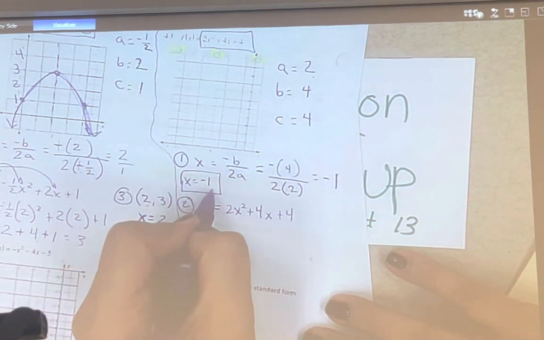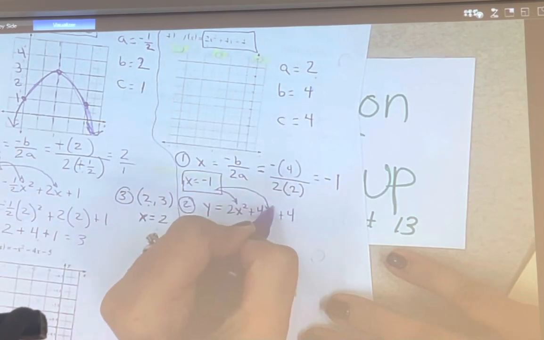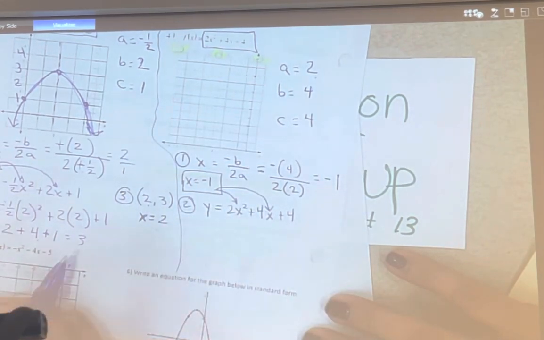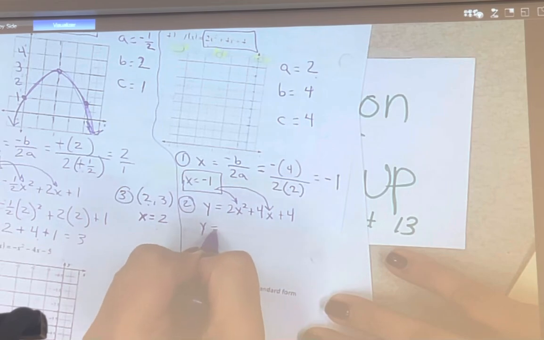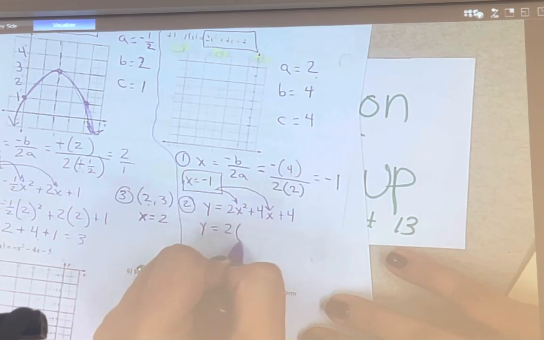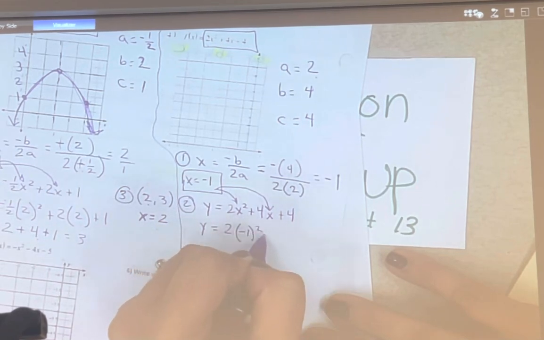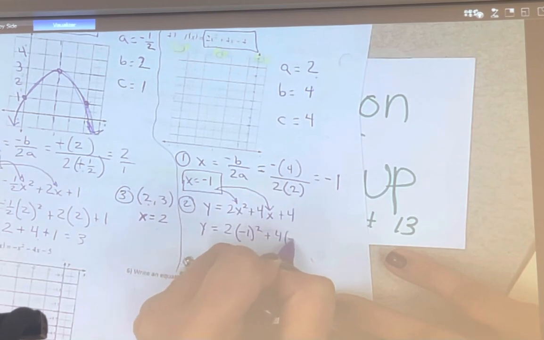So we take that negative 1 and we substitute it in for x, and get y equals 2 times negative 1 squared plus 4 times negative 1 plus 4.